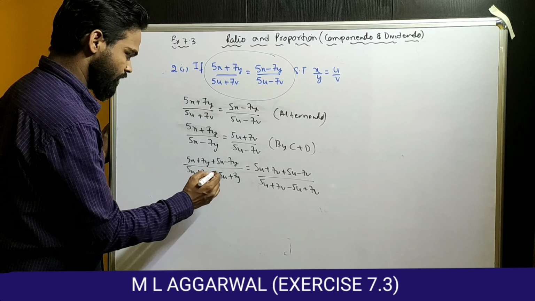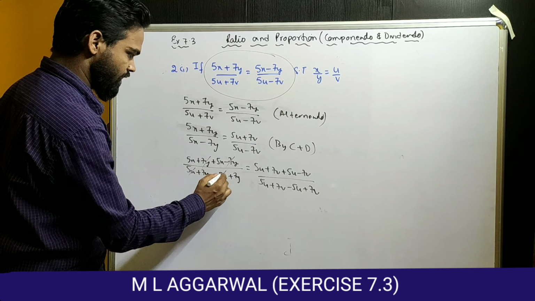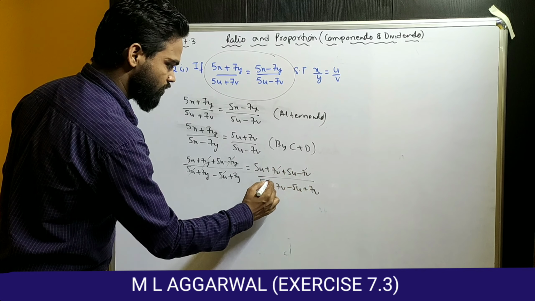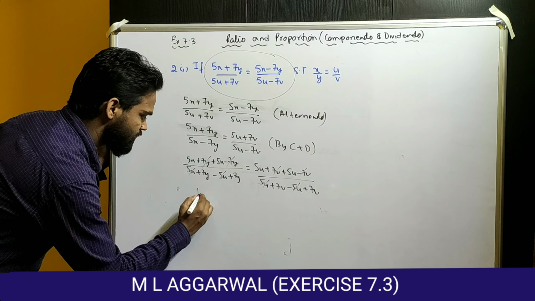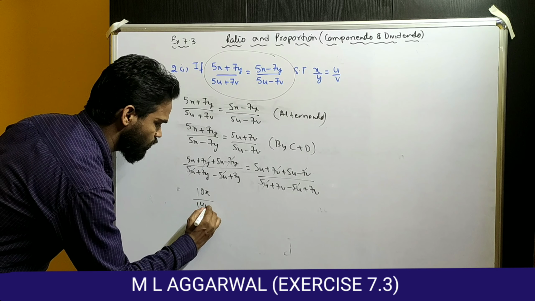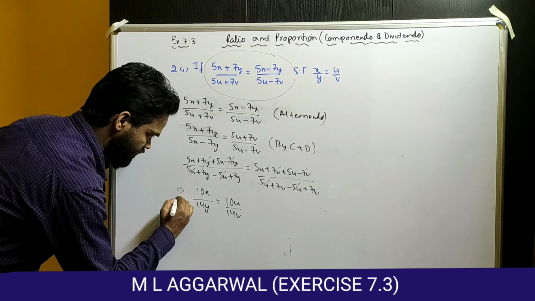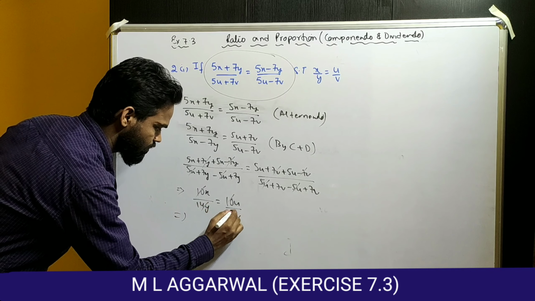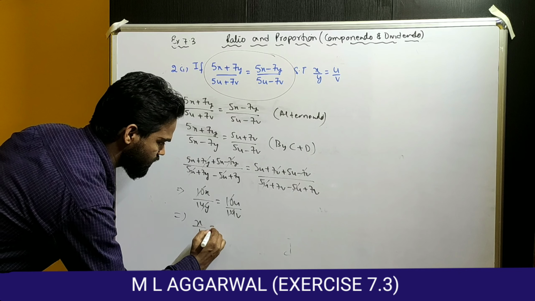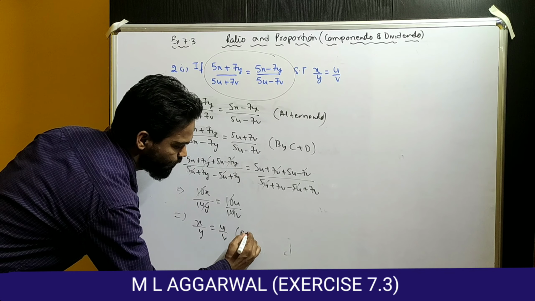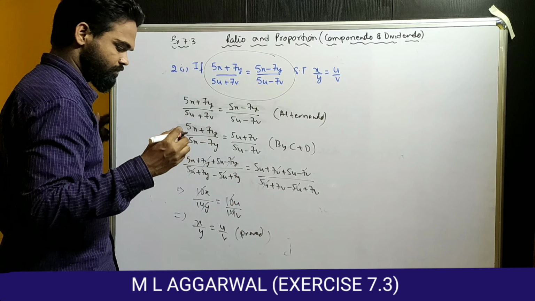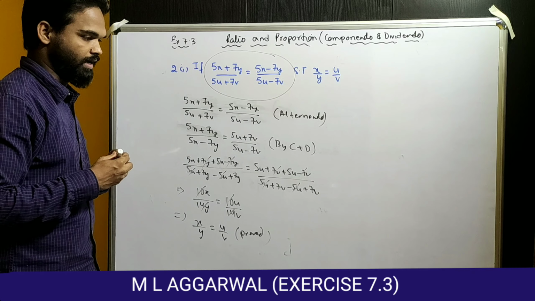Now look carefully. This y cancels, x over here, v over here, u. What is left? 10x by 14y equals 10u by 14v, which means x by y equals u by v. Proved. Done.